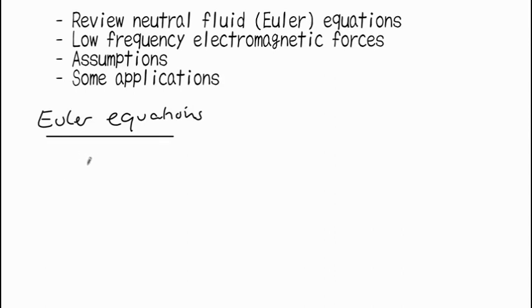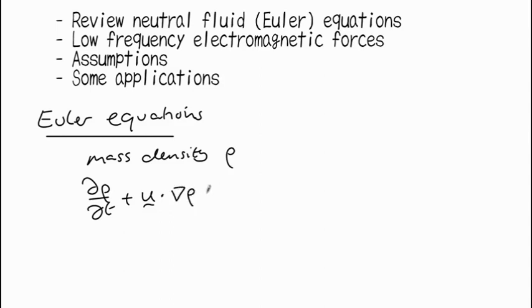The equations we get are for the mass density rho, in kilograms per cubic meter: d rho by dt, plus u dot grad rho, minus rho divergence of u. Here u is the flow velocity of the fluid, in meters per second.